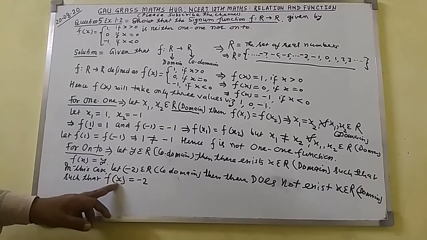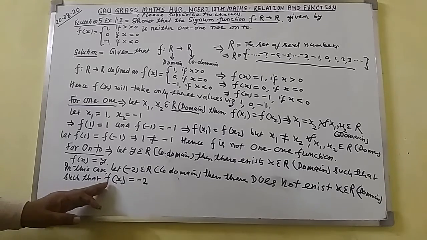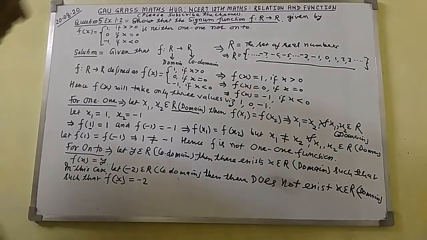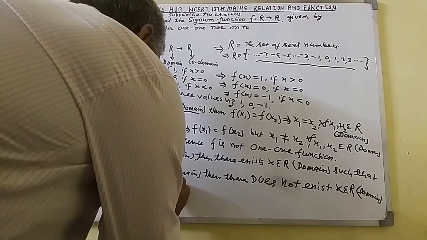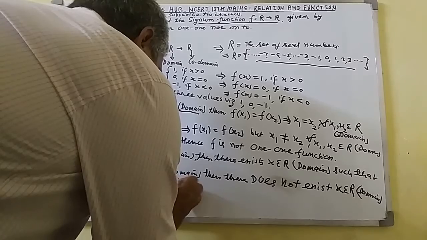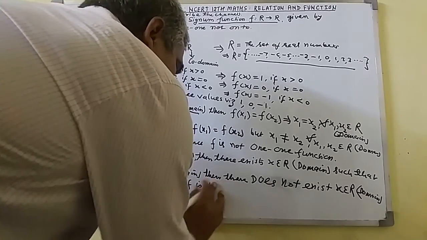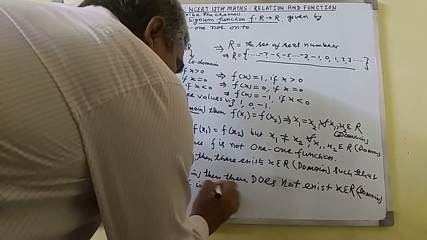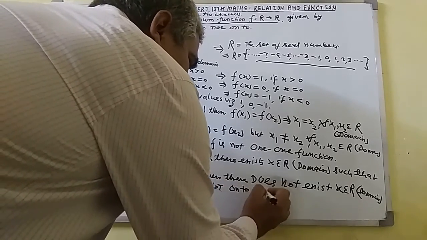So here you have to find the value of x that lies in the set of real numbers domain. So such a value doesn't exist. Therefore, you can write, hence f is not onto function.